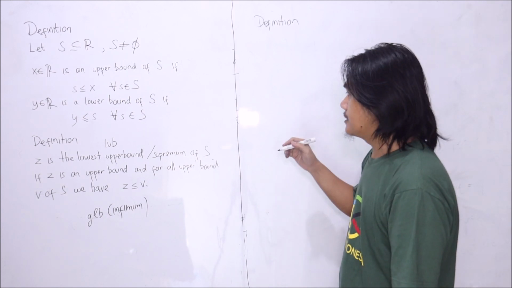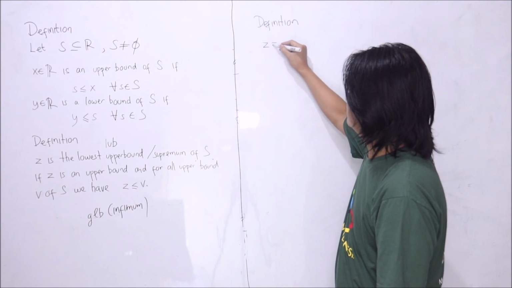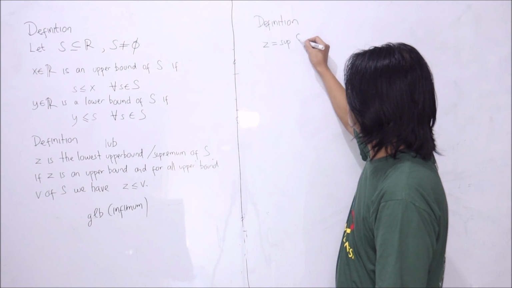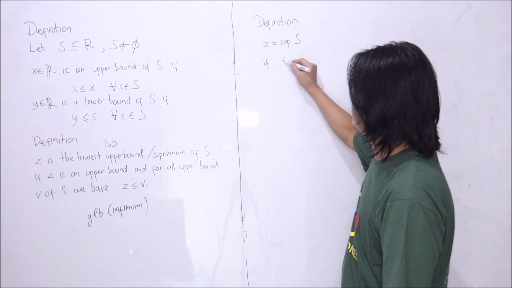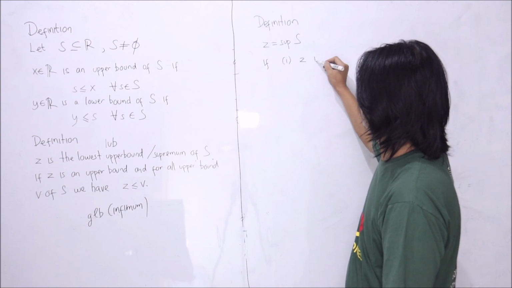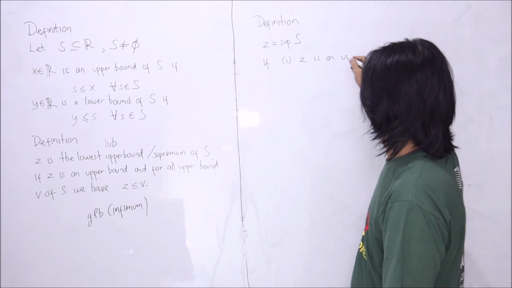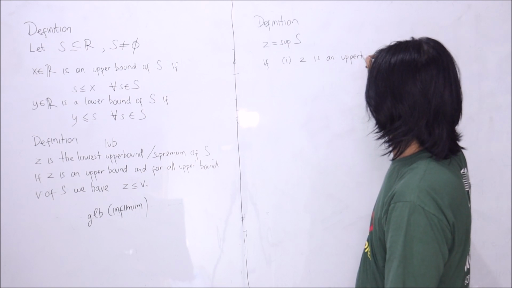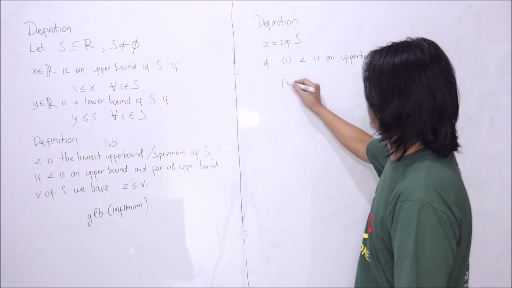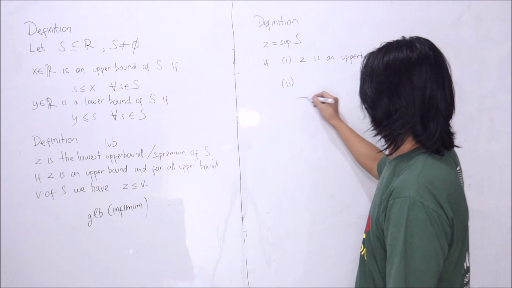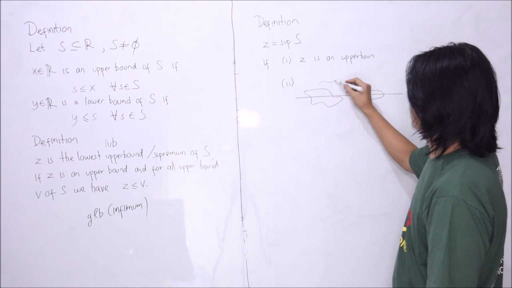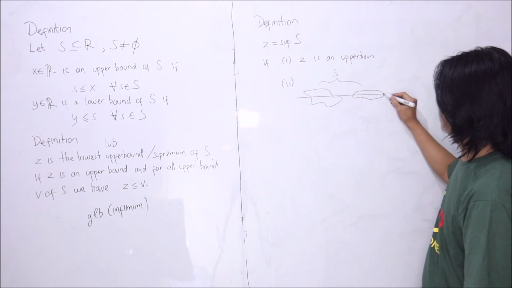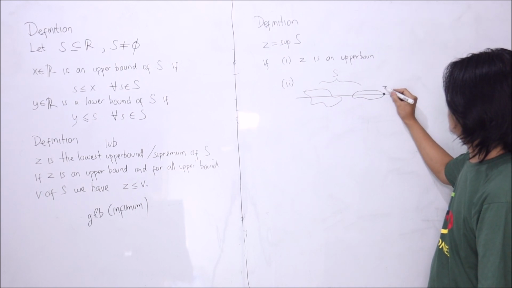So Z is equal to the supremum of S, let's use this kind of notation, if first Z is an upper bound, and second, imagine that we have a bunch of points here. This should be our S, and we have our Z here.